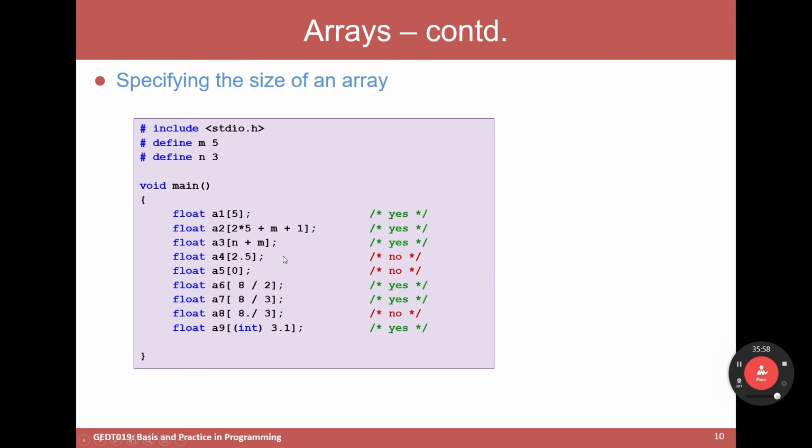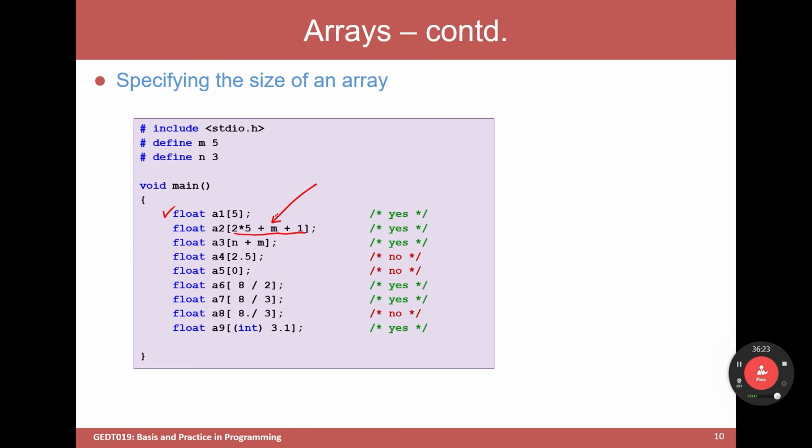Here is also another practice about arrays, something to consider. So look here, float array 5. This is okay. That means I create an array of 5 elements. That's fine. How about this one? Float array, and this array contains, oh, there is some expression here. The result of this expression, m is a number, and those numbers, everyone is a number.